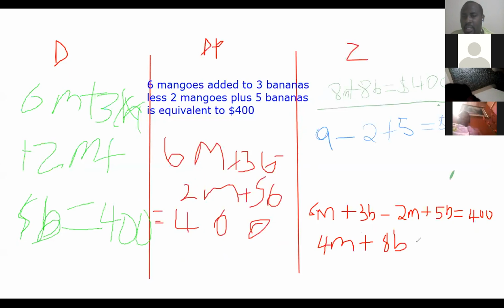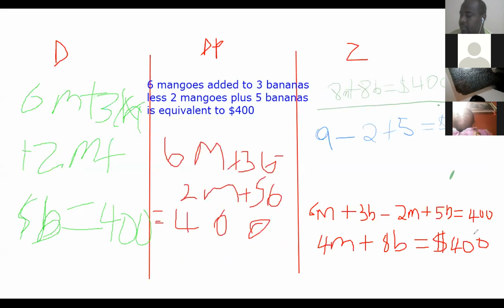All right, and that now would be equal to what? Equal 4M plus 8B. Everybody got that? Yes, sir. That's a simplified version of it. Any questions?